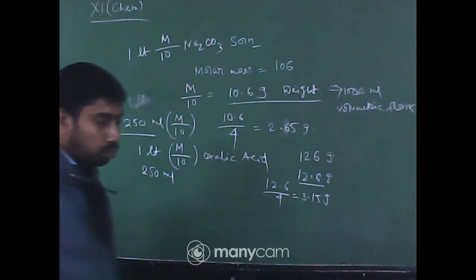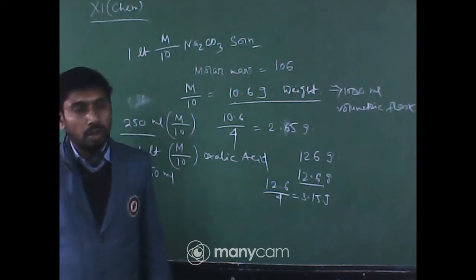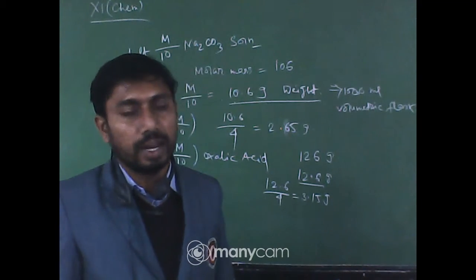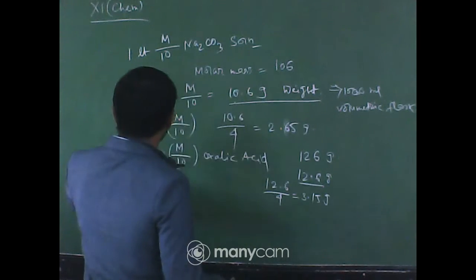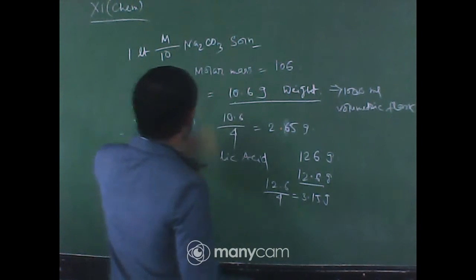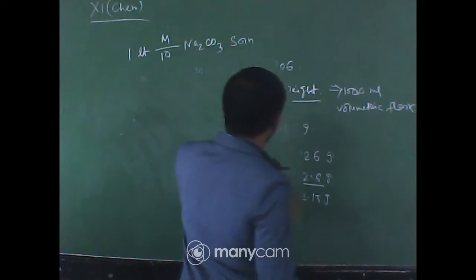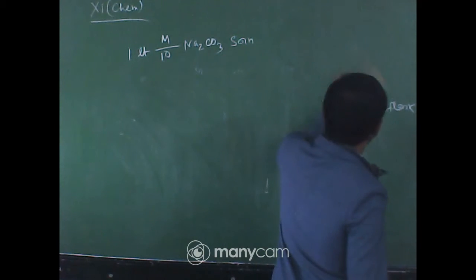Now the next one is how to dilute a concentrated solution. Because in the reagents rack, the strengths of the acids are different, that is 12 normal or 36 normal; these are the normalities.